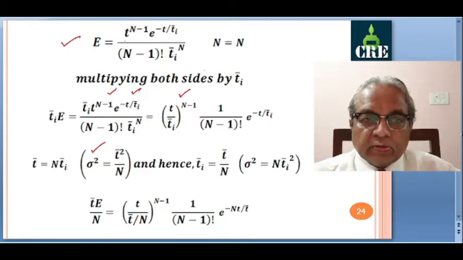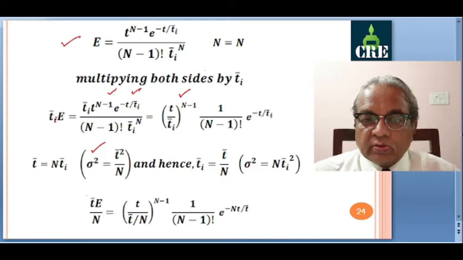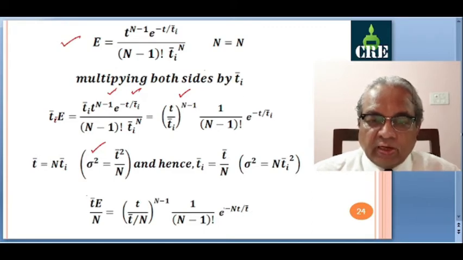This same thing again I want to write. Now this ti bar can be written as t bar by n. E into ti bar is replaced by t bar by n. Here this ti is replaced by t bar by n raised to n minus 1, and this ti bar is replaced by t bar by n. So it becomes minus n into t by t bar.